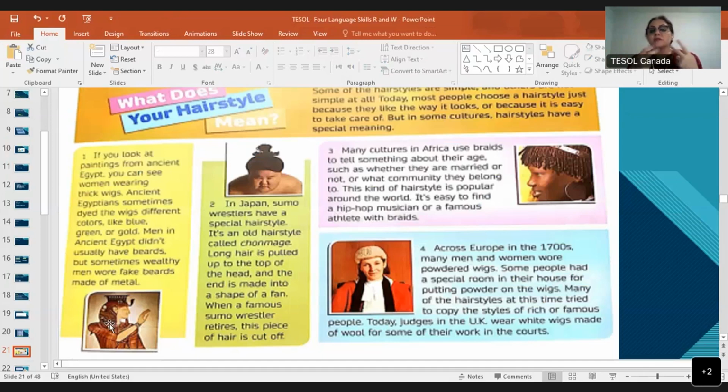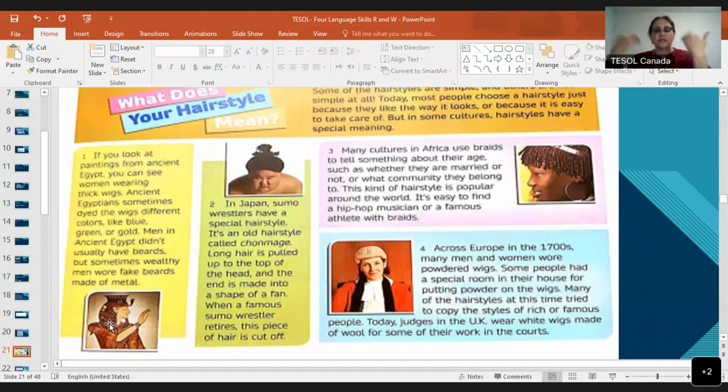Student B works on paragraph 2, talking about new words, structures, activities. Student C focuses on paragraph 3, and student D focuses on paragraph 4. So they are in their focus groups. Give them 5 or 6 minutes, depending on the level of the students or the length of the paragraph. And after that, they come back to their first group.